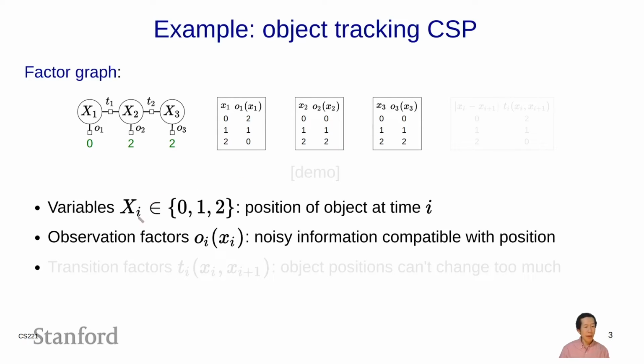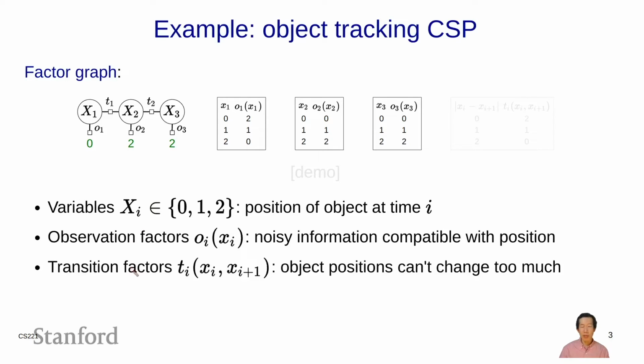And now we're going to define transition factors, which represent the fact that objects' positions can't change too much, or in other words, objects can't teleport. So here we're going to write this factor a little bit differently. It's going to be a little bit more compact. So we're going to look at the absolute difference between an object at time step i and an object at the next time step i plus 1.